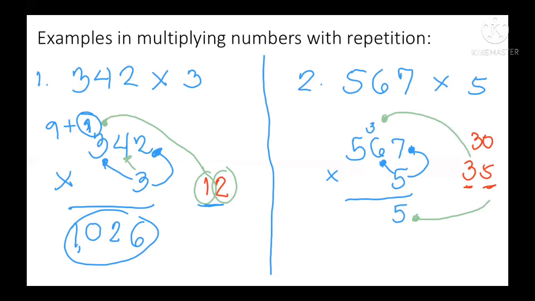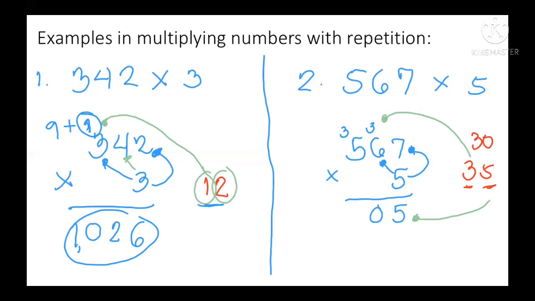So 0 will move here and 3 will go up on the number 5. Then after the tens place, we will move on to the hundreds place. So what will be 5 times 5? 5 times 5 is 25. Very good.